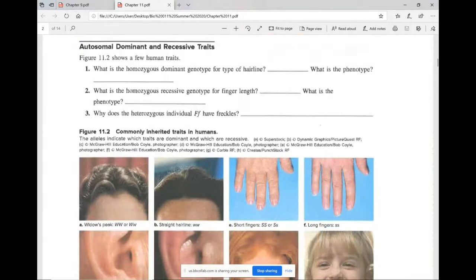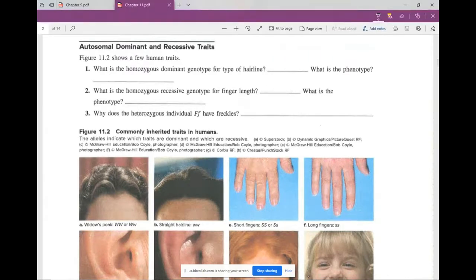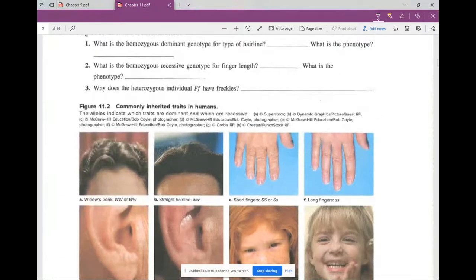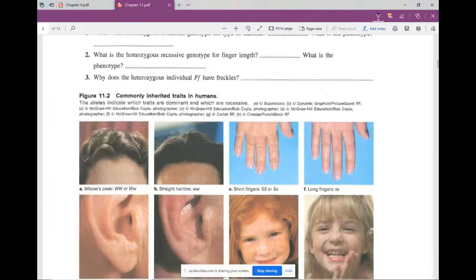Okay. So in this case, we have a few examples of autosomal dominant traits and recessive traits. What is the homozygous dominant genotype for type of hairline? Okay. So here they're showing that Widow's peak happens to be a dominant condition.